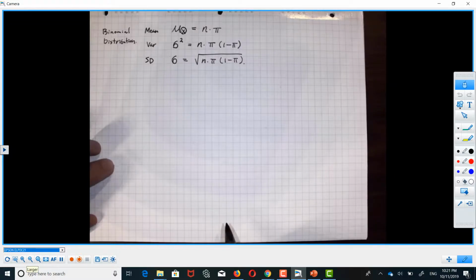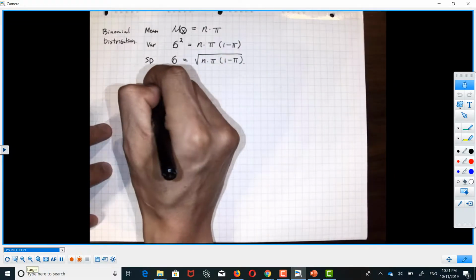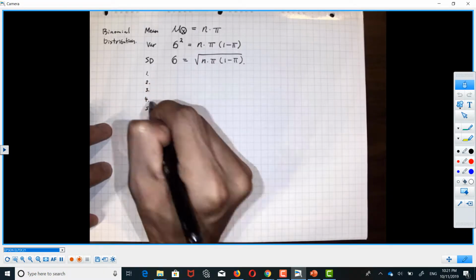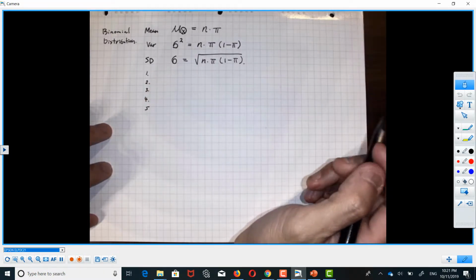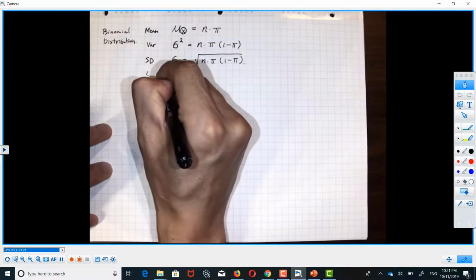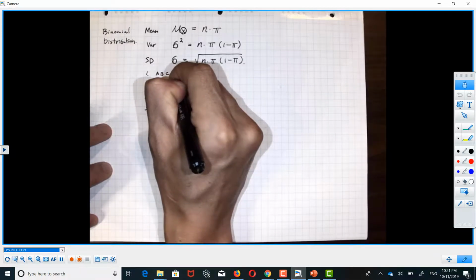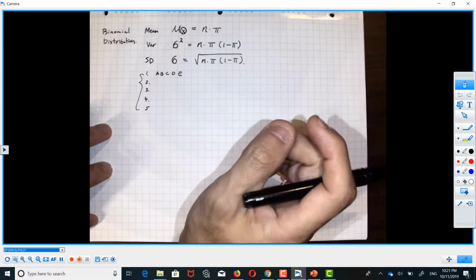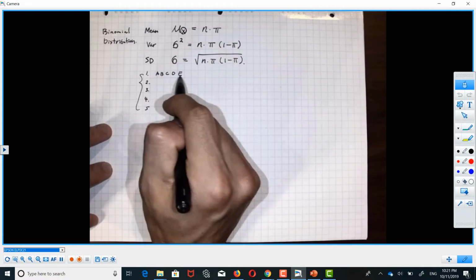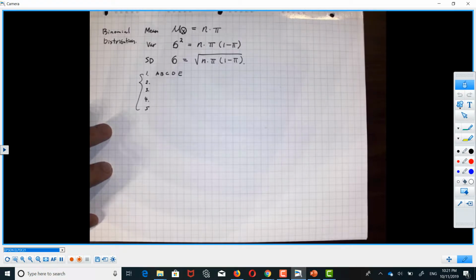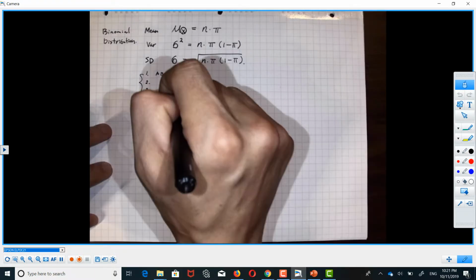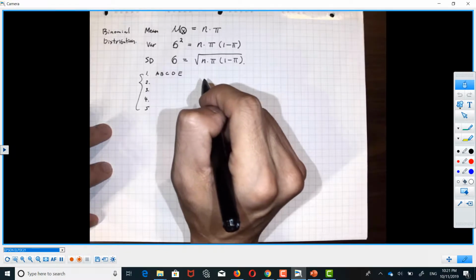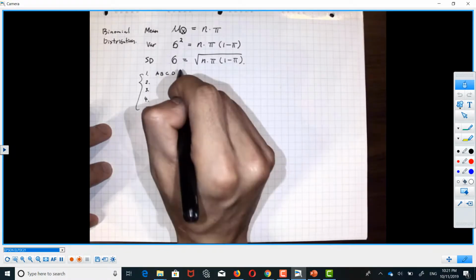So maybe we can use another example. Let's say we have 5 multiple choice questions. Each problem has 5 choices: A, B, C, D, E. So basically, assume that you don't know anything about these problems, so you have to make a guess.